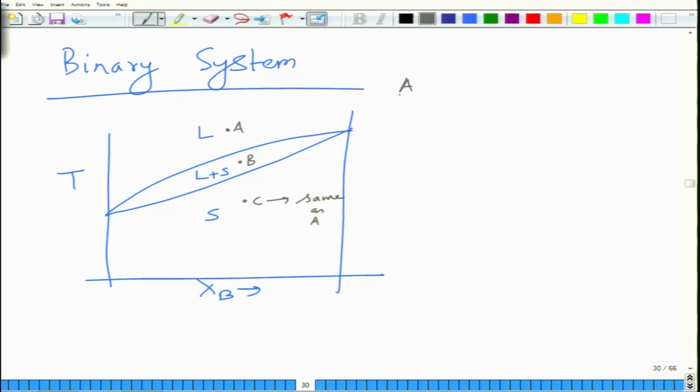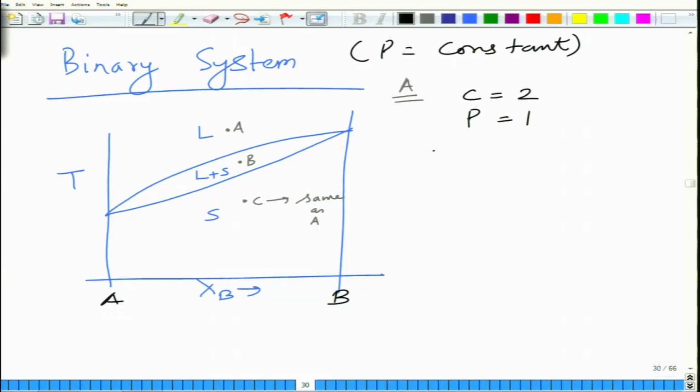So at point A, C is equal to 2, you have two components A and B. Number of phases at point A is equal to 1. In this case pressure is constant. So F is equal to C minus P plus 1. So 2 minus 1 plus 1, that is equal to 2. So you have 2 degrees of freedom.